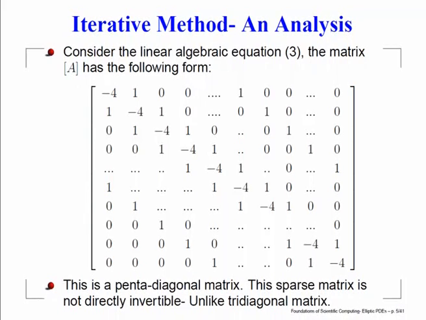But unfortunately, because of these intervening zeros, this is one of the vexing problems that has baffled applied mathematicians for a long time. So, we cannot directly invert this matrix, although it is sparse. This is something we should keep in mind, that direct inversion is not possible.